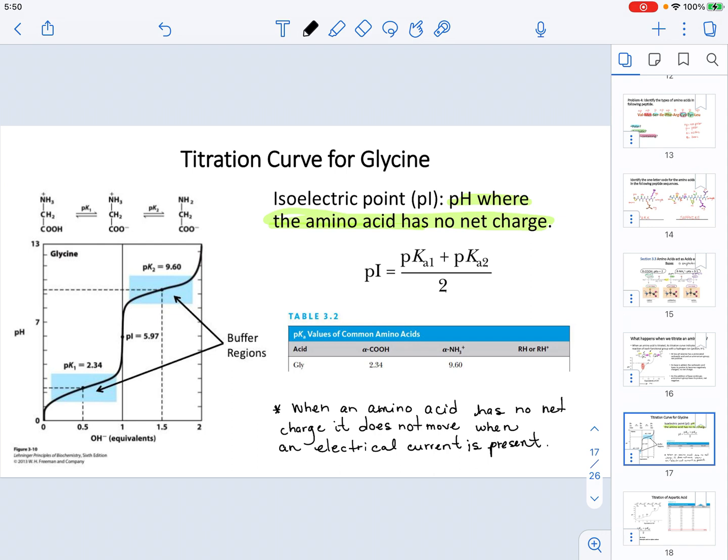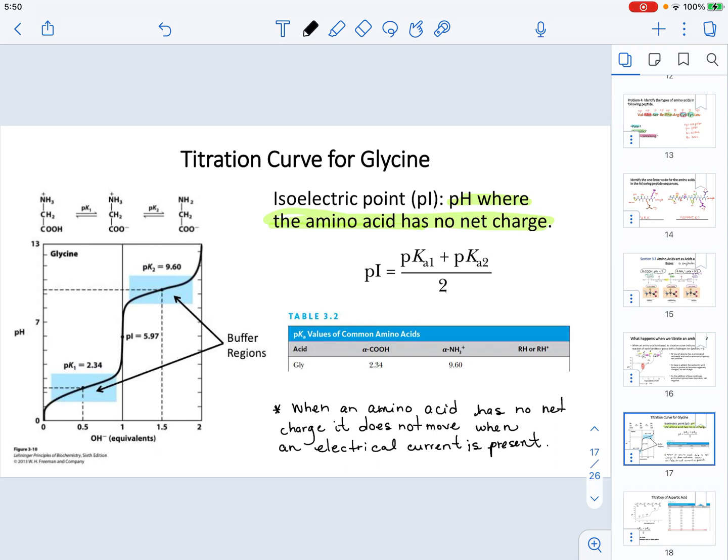And I'm going to illustrate now how the isoelectric point is calculated depending on the amino acid we're working with. Let's first look at glycine specifically. As you can see on the left side of the slide, we have the titration experiment for glycine. One of the things I wanted to illustrate, even though I'm not going to focus on it, is that amino acids have that carboxylic acid and that amino group present.